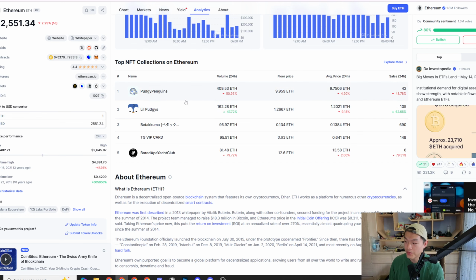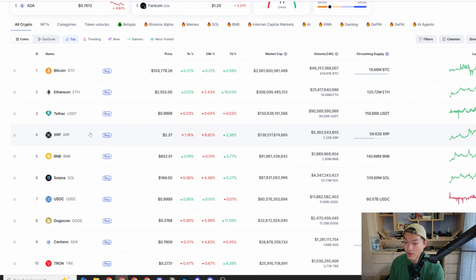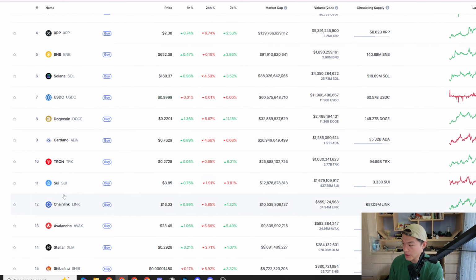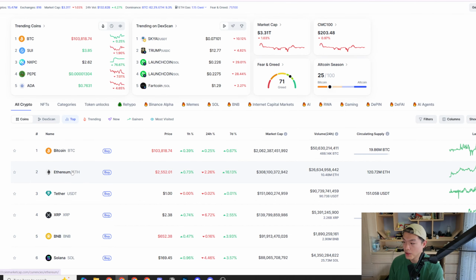But the main argument against Ethereum is basically Solana and other high-performing L2s that could steal its market share. Chains like Solana, maybe even Sui, and other newer chains like Monad that's coming up. But in my opinion, Ethereum is still a solid bet.